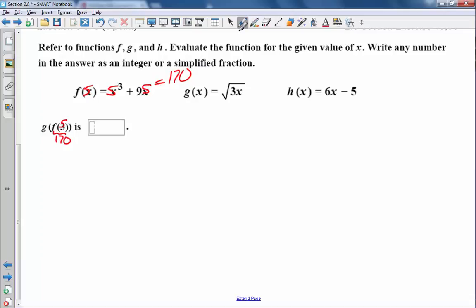You have G of 170. You got 170 spoons. We need to color them in the G machine. So you just need to send all those spoons to here. Immediately to this one. Okay? And you get 3 times 170, which is 510.